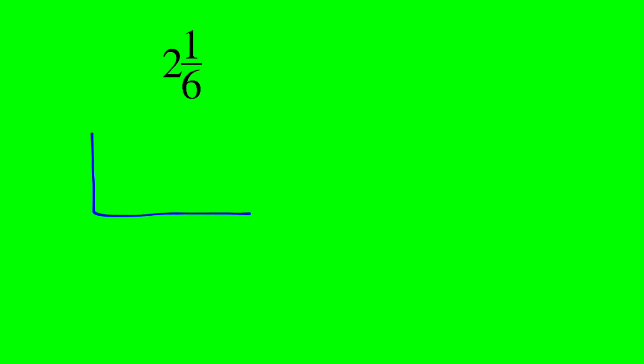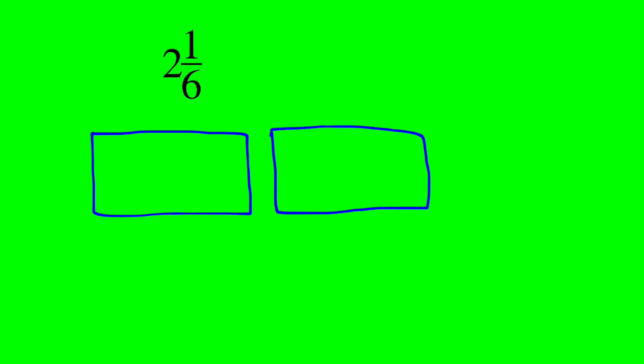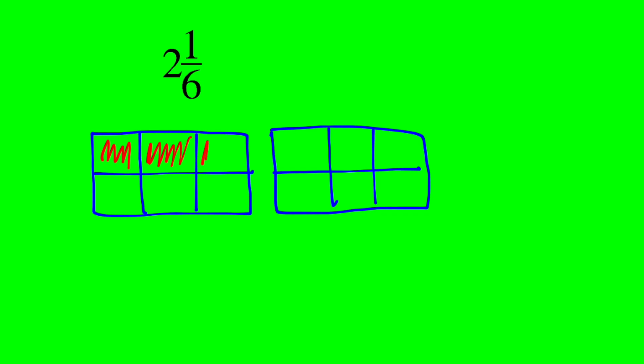So for 2 wholes, I'll make a rectangle, make another rectangle. I'll cut them in thirds, then 6ths, thirds, then 6ths. And since I want to represent whole numbers, I'm going to shade in the entire amount of each one.